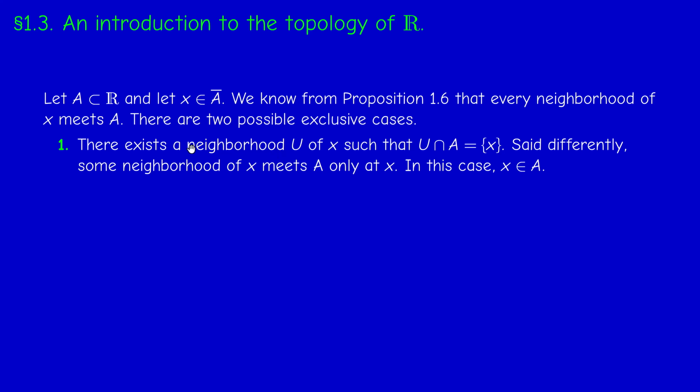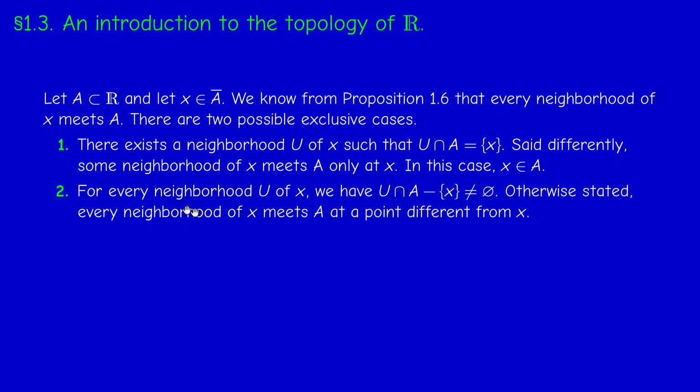The second case, the negation of this, is that every neighborhood of x meets A at a point different from x. So this is the negation, but under the assumption that we are in A bar. In both cases, U intersected with A is not empty. Now, the intersection could consist of only one point, or contain another point than x. I will give examples now. So in the second case, we need not have x in A.